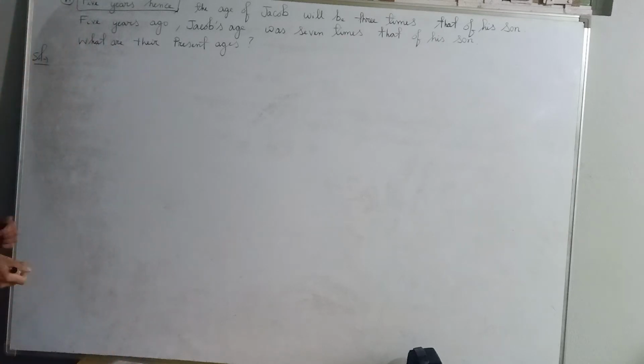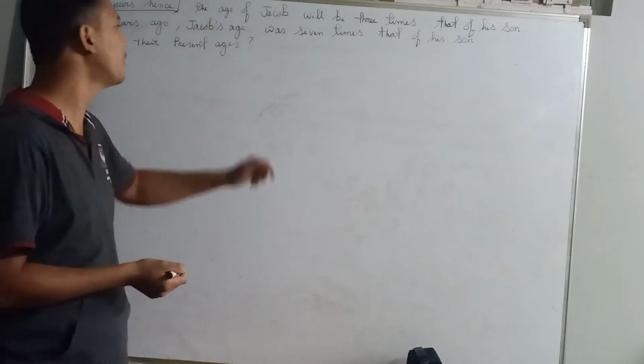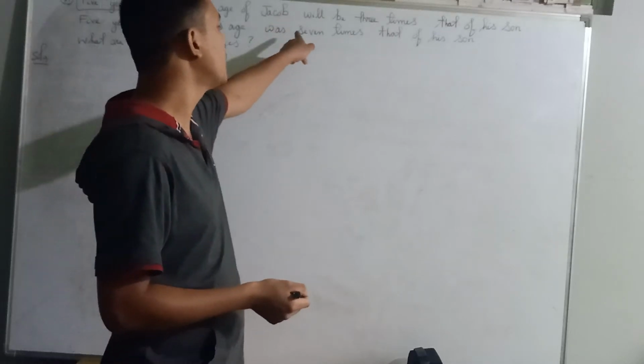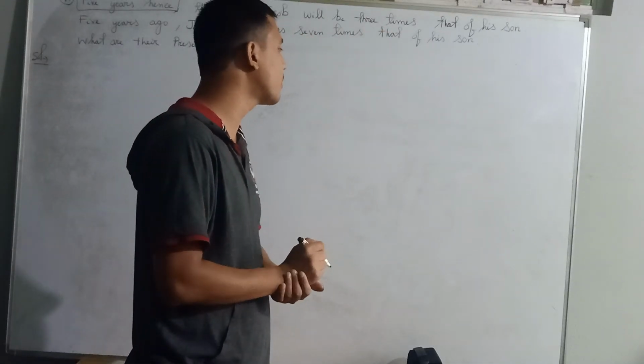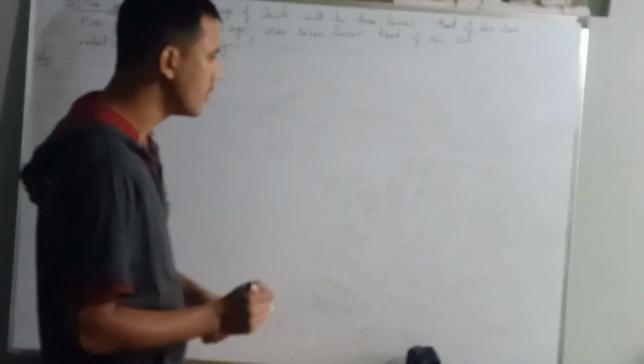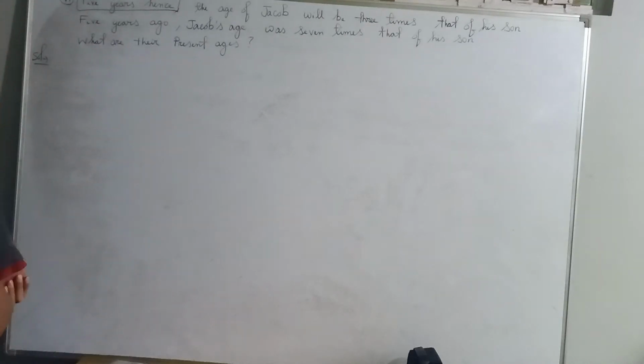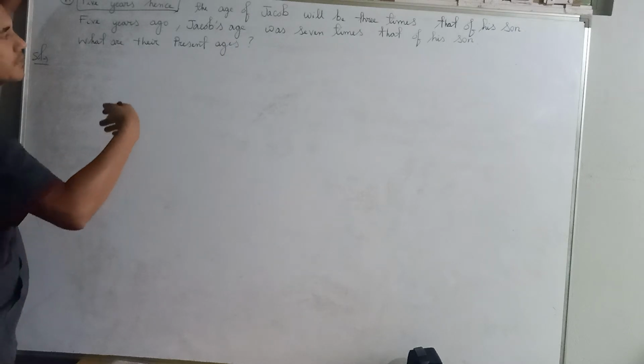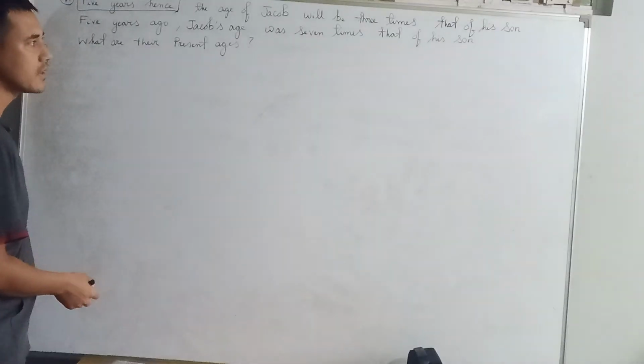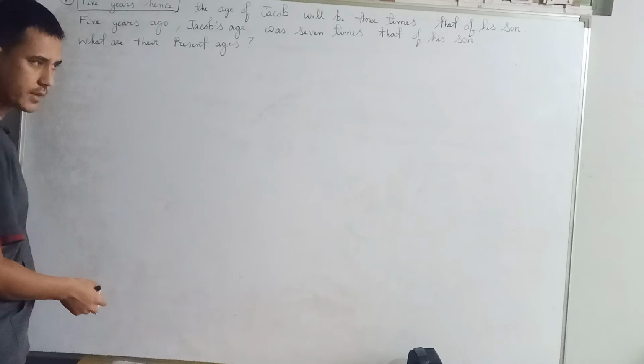So 5 years hence, the age of Jacob will be 3 times that of his son. After 5 years, the question says that Jacob's age will become 3 times that of his son.